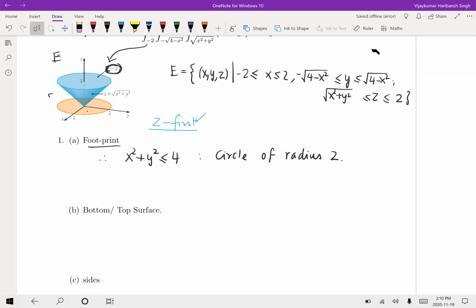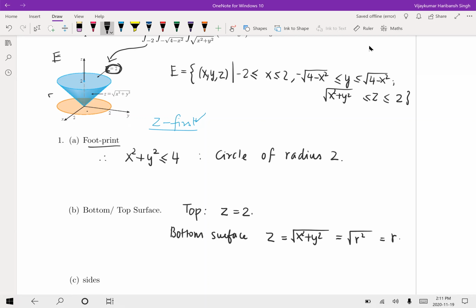Now what is top and bottom, and can they be written purely in terms of r and theta but no z? Let's see. So top is z equals 2, and the bottom surface is given by square root of x squared plus y squared, which is square root of r squared, which is r because r is positive in this case.